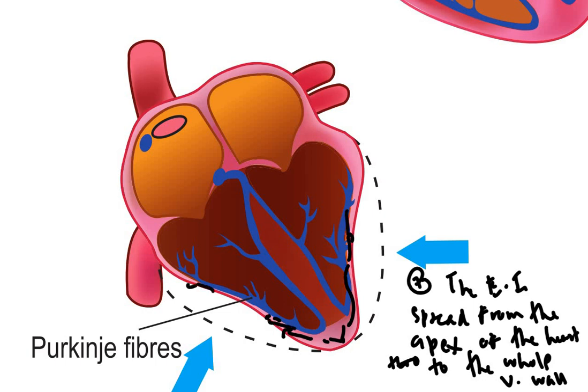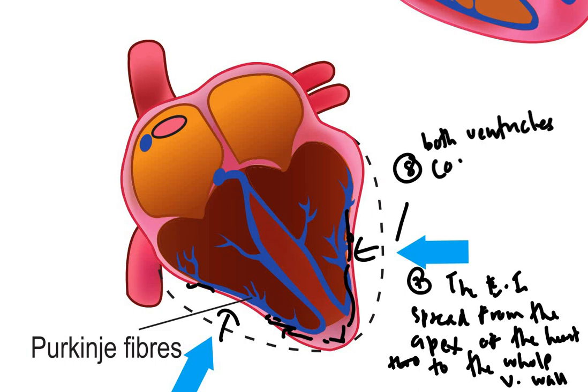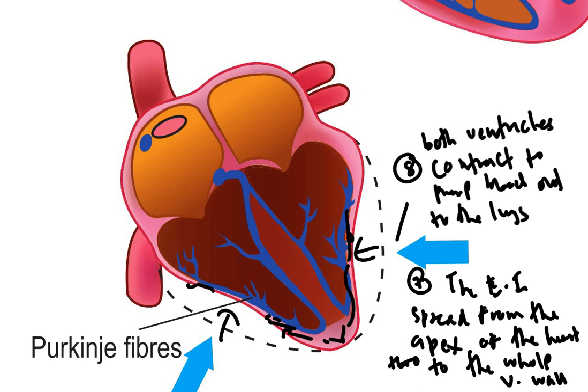As a result, the ventricle will contract. Number 8: both ventricles will contract, and then pump blood out to the lungs and body. So the blood from here, we have learned this before, right?